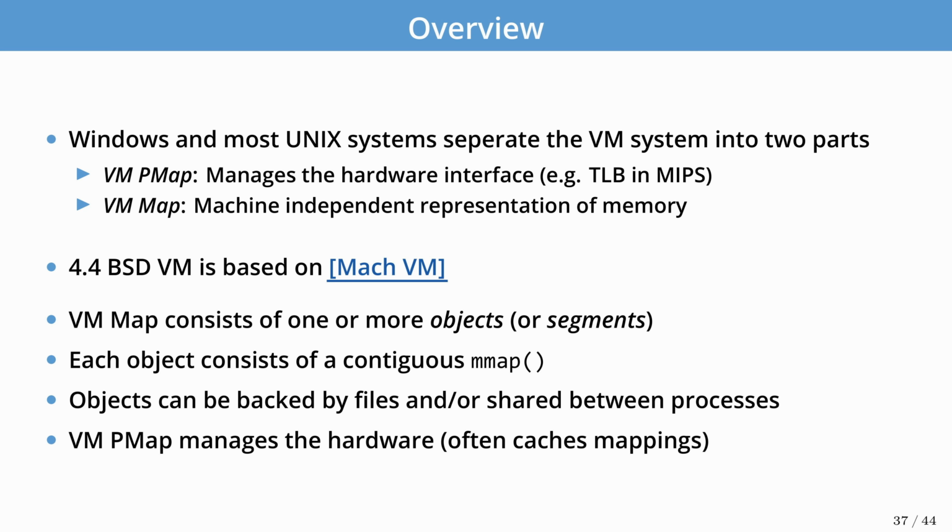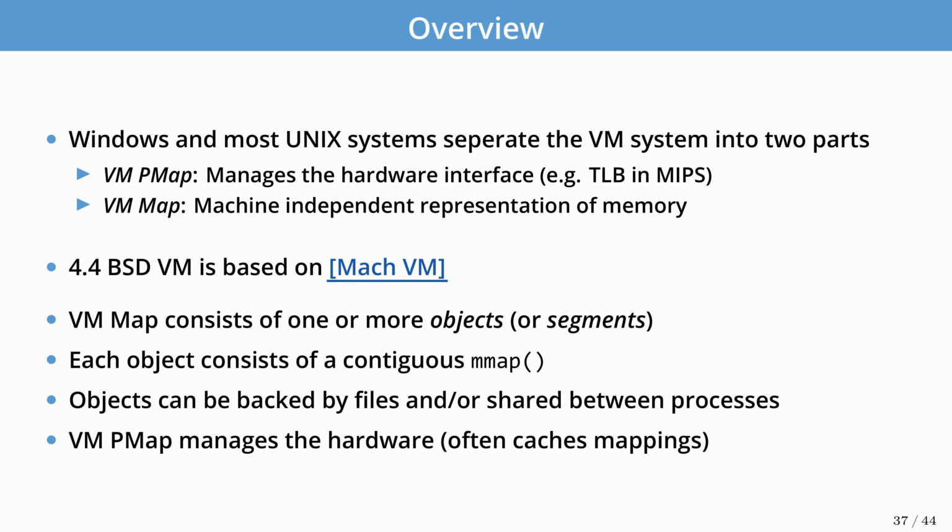The virtual memory subsystem is split into two main parts, pmap and vmap. pmap manages the hardware interface. So in OS/161, this would be the code that's managing the TLB, and vmap manages the machine-independent representation of memory. vmap in this model consists of one or more objects.